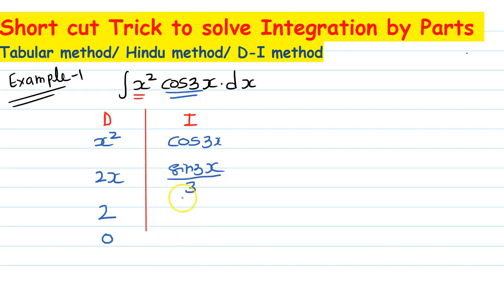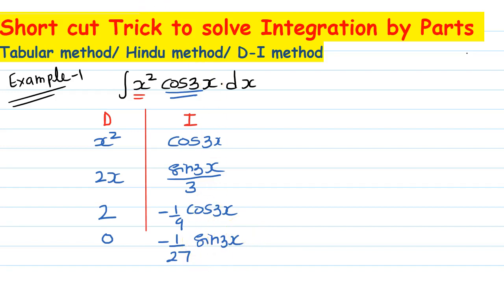Integrating again gives minus 1 upon 9 cos 3x, and integrating again gives minus 1 over 27 sine 3x.